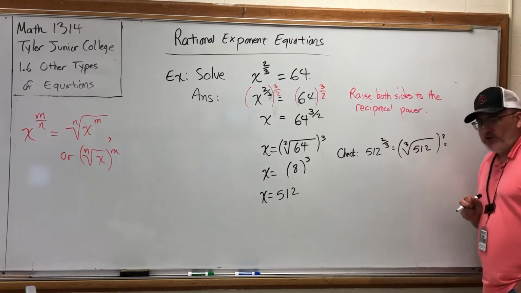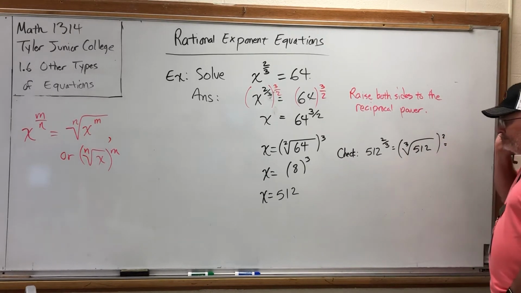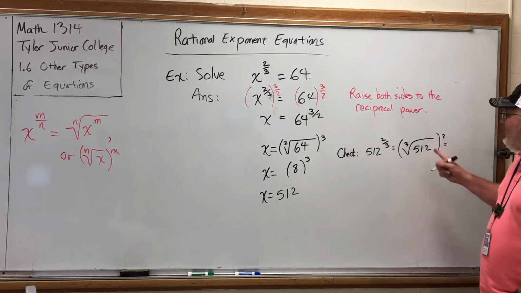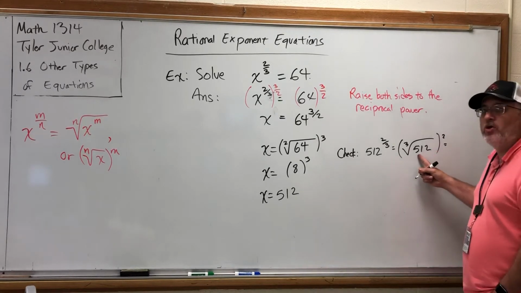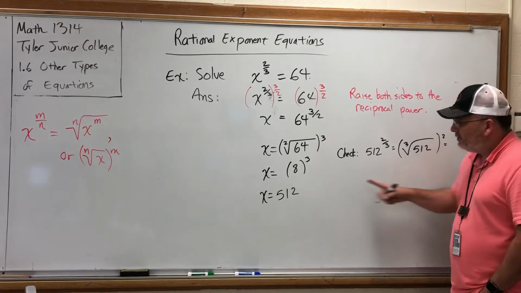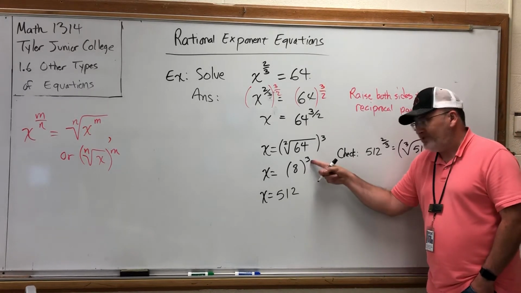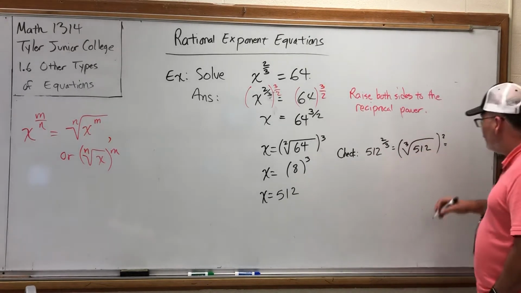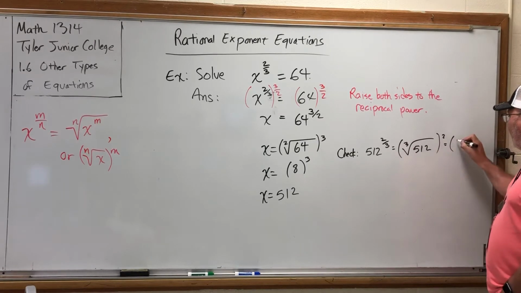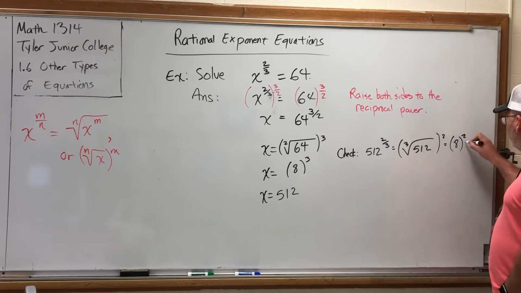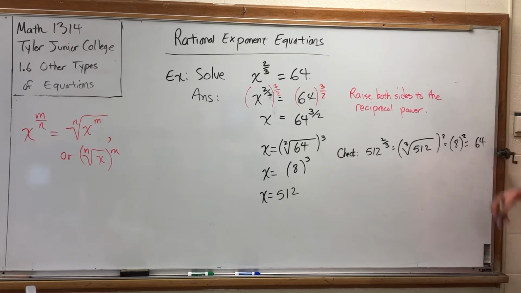And you may not know the cube root of 512. I do, because I know what number I multiplied 3 times in a row to get 512. That number multiplied 3 times in a row gives 512. So the cube root of 512 is 8, but that's still getting squared. 8 squared is 64, and we're good.